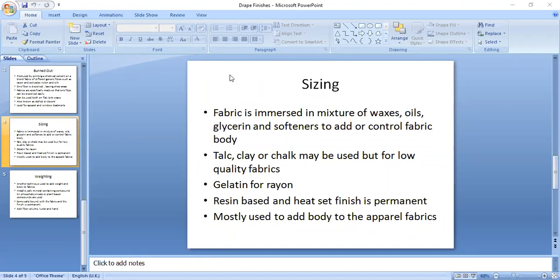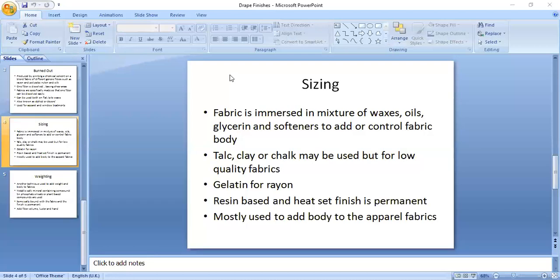Permanency is related to the type of sizing we are using, whether natural waxes, oil, or resins, and the method of application, whether we are heat setting it or not.